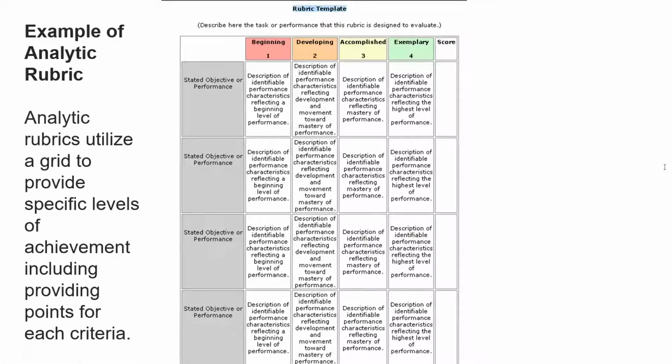So basically, whether you want to use analytic or holistic, it all depends on the nature of the task and what the characteristics are, and the reason for giving that particular assessment. Is it to give your overall judgment of the performance, or to measure specific criteria? Measuring specific criteria will be analytic, and holistic will be an overview.